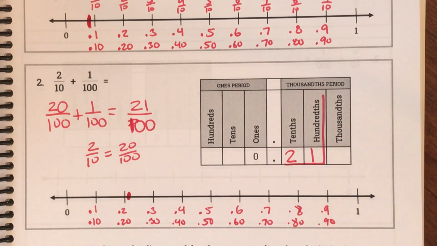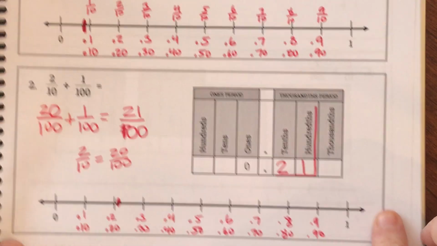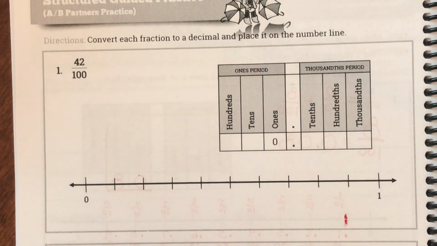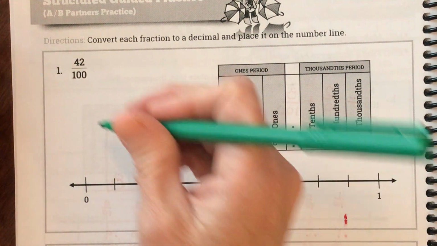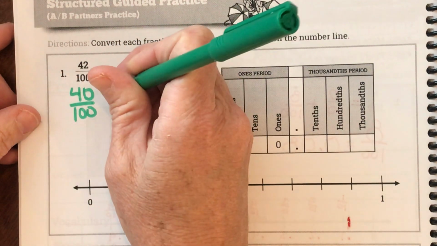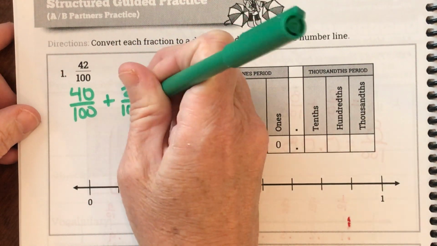All right, we are on page 242, and here's our first problem. It says 42 hundredths, and they first want us to decompose that. Well, what do we know about 42 hundredths? We know that is 40 hundredths plus 2 hundredths.